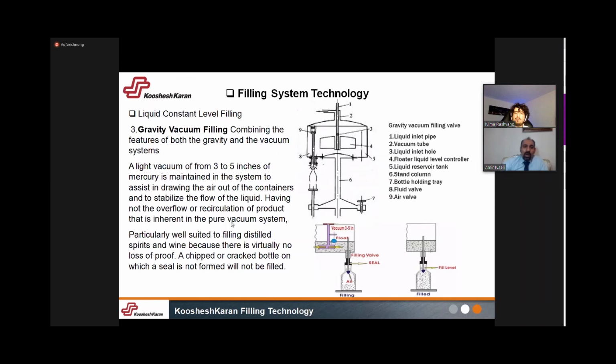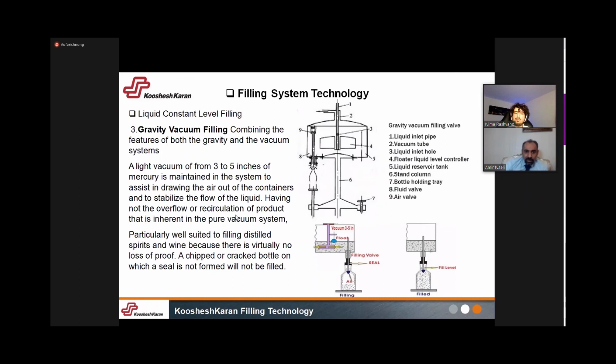Because in a pure vacuum filling, you have recirculation of the product, and in this model, there is no overflow or recirculation, which is inherent in the pure vacuum system.